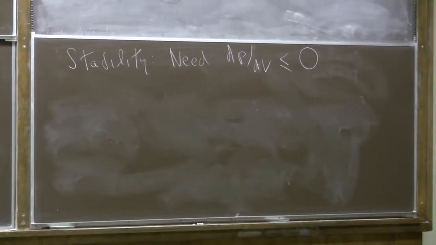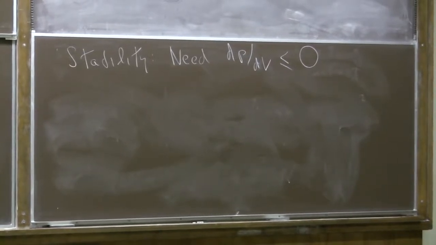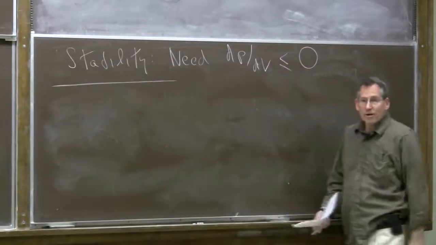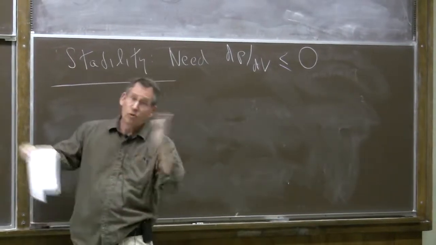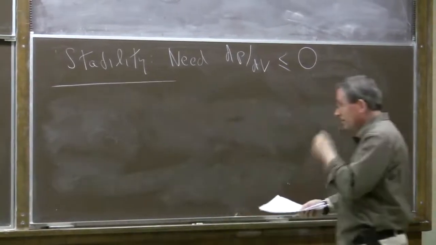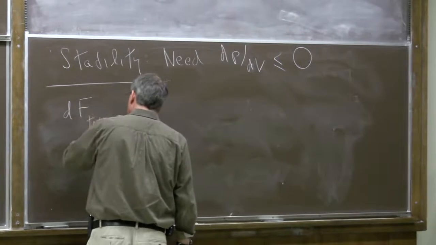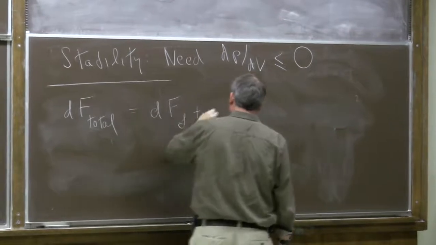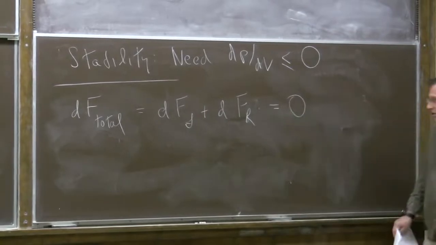Now here's another way of looking at it. So we have a system in contact with a reservoir at a specified temperature, and the most probable configuration is the one that maximizes the entropy of the world, which means it minimizes the free energy. So I can say that the total free energy, the free energy of the system plus the free energy of the reservoir, should be stationary.